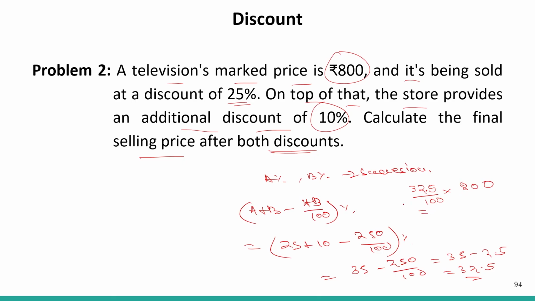Cancelling the zeros out, we are left with 32.5 into 8. 32.5 into 2 is equal to 65, and 65 into 4 is 260. So 260 rupees is the discount. So 800 minus 260, the original price minus the discount, will be 540. So 540 will be the selling price.